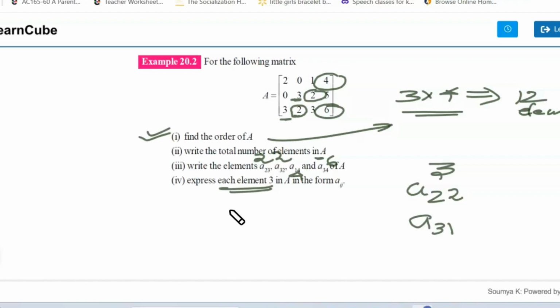Then comes 3 in the third row and the third column, so it is A33. So these are the 3 elements which have the value 3. Hope this is clear to you.